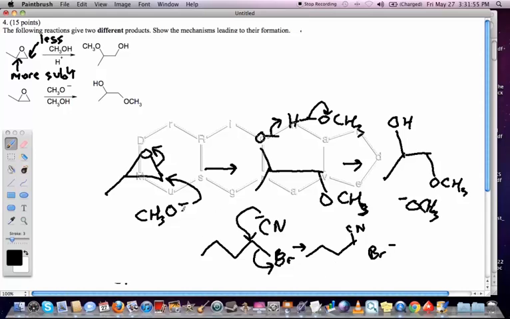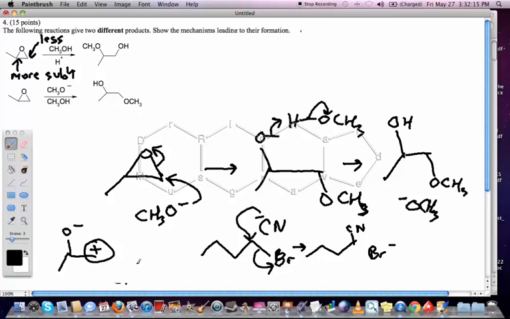Now remember that the reason this could not ring open first is that it forms lots of nasty things, but it would form this kind of thing where you've got a primary carbocation which is very unstable.